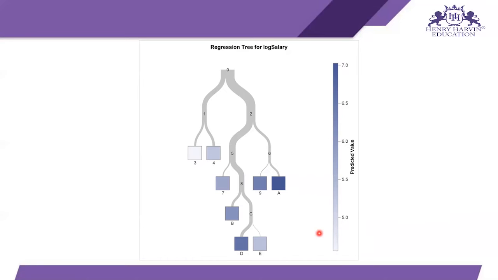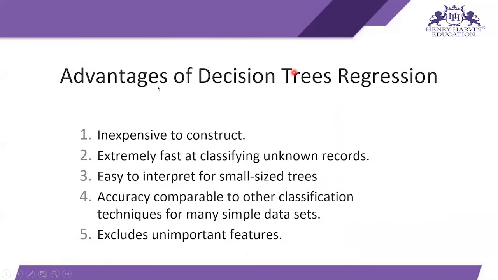So according to that, the regression decision tree will predict values for us.